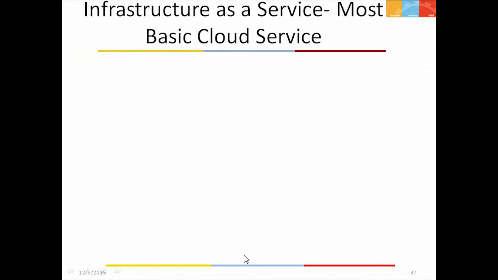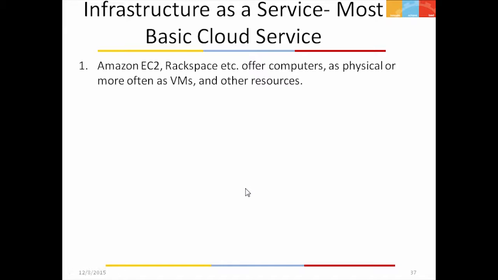So let's look at infrastructure as a service in a bit more detailed manner. Amazon EC2, Rackspace, and so on, they offer computers as physical, more often as VMs and other resources.